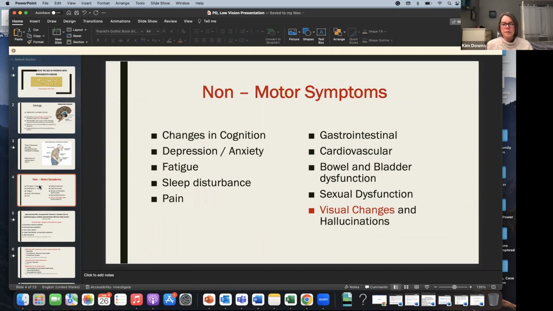So the reduction of dopamine also causes changes in cognition, depression and anxiety, fatigue, sleep disturbance, pain, gastrointestinal dysfunction, cardiovascular dysfunction, bowel and bladder dysfunction, sexual dysfunction, and many other symptoms. These are just the more prominent ones. And today we're going to talk about visual changes, including hallucinations.